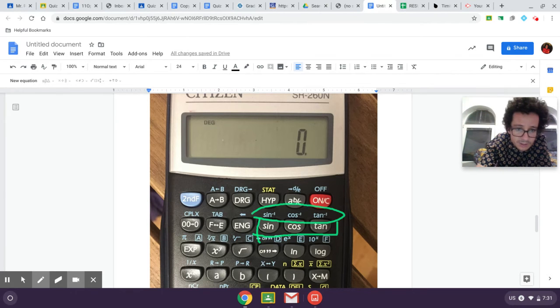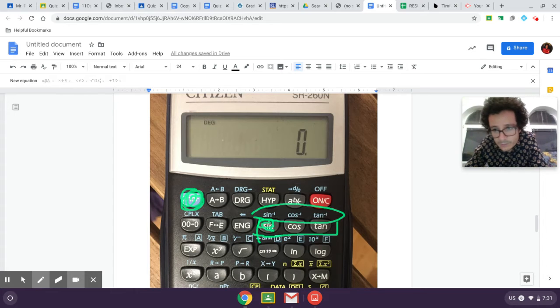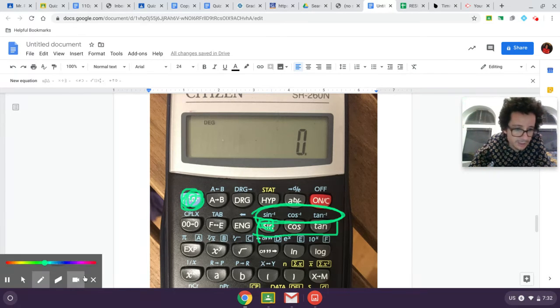Okay, so in this calculator, I have to press first this button here, second function, and then I press sin, and it will apply that. In most of the calculators, it's similar to this. You have to maybe press some kind of shift and then sinus, and just have a look above your key that it's for sinus. Okay, and that's it.